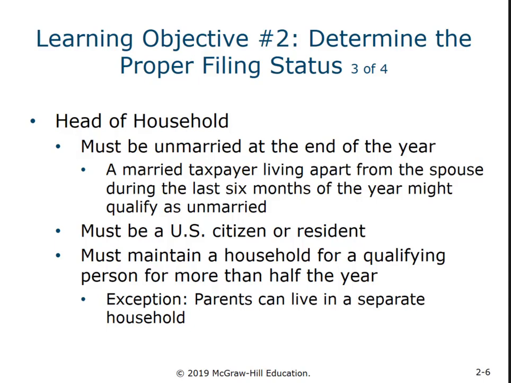But you're providing the household, you're paying for everything, they're not sending you any money, they disappeared. If that's happened for 6 months, then you can. You're still technically married, but the law allows you to file head of household.